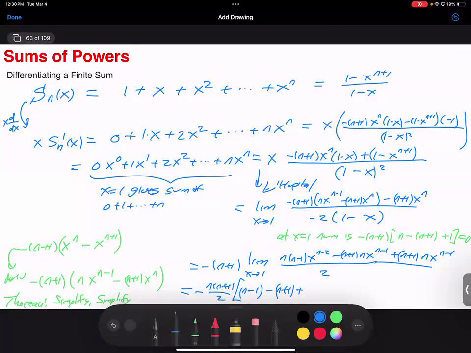So we had n minus one. We had n plus one times n. Oh, we had pulled out the n plus one. There shouldn't be an n plus one here. Okay, so I had made a mistake. Okay, there we go. So this is the correct thing now. When x equals 1, do we still have trouble?